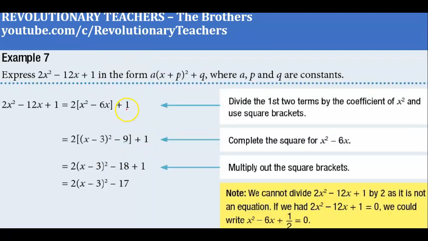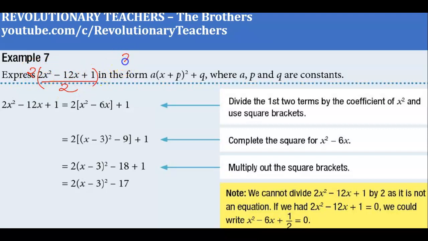Let us move ahead. Now look at this expression. Here you are having 2x square minus 12x plus 1. Now what you are going to do? The coefficient of x square is not 1 over here. So you are going to make it 1 for the whole expression. Take 2 common out from the whole expression, or multiply and divide the whole expression by 2.